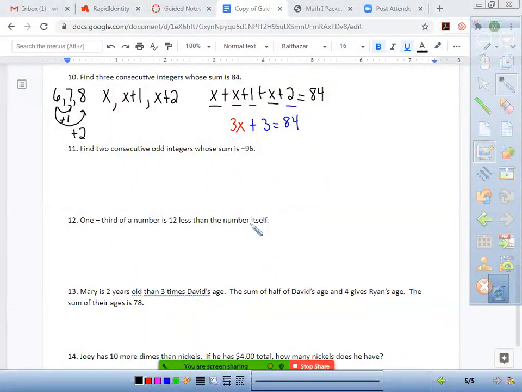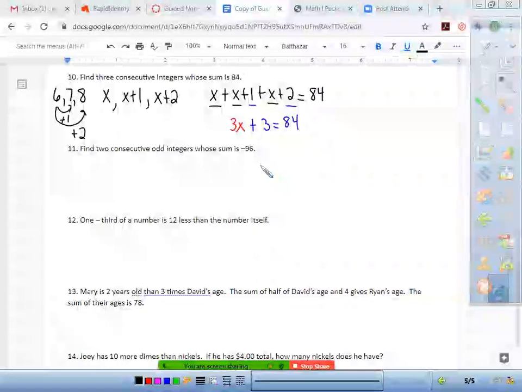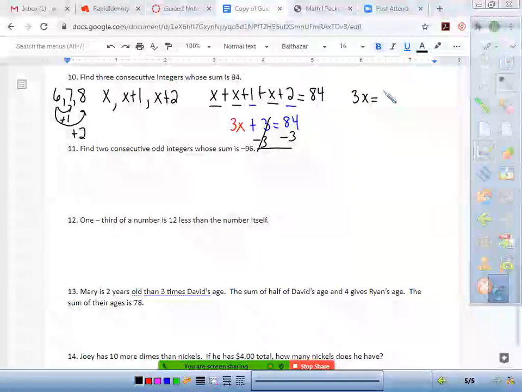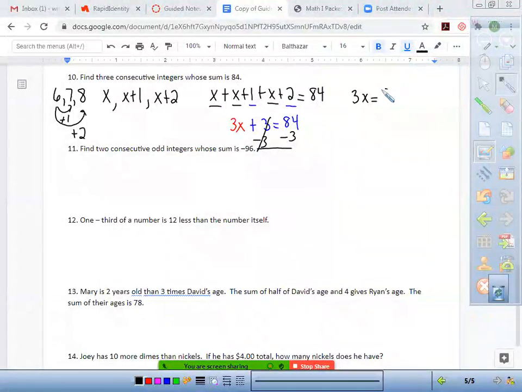And our next step to solve is going to be, say it again, minus 3. Minus 3. So we're going to end up with 3x equals 81.